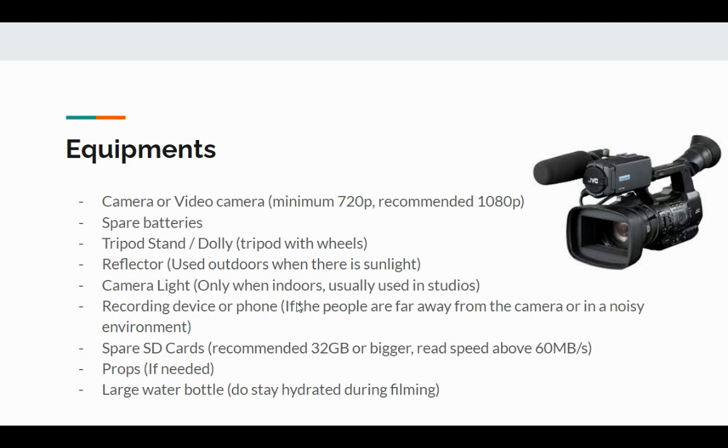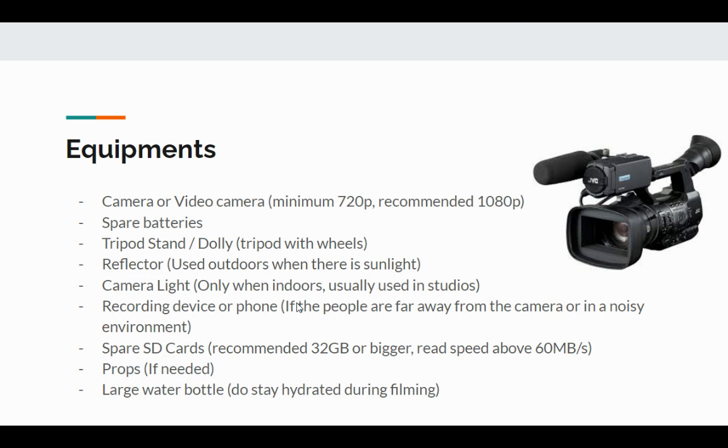But never use a reflector indoors without the presence of strong artificial light. If not, it's going to create a shadow effect. And also make sure that the reflector and the shadow of the person holding the reflector is not in the film. If not, it will be rather hilarious. Camera light, yes, it's the same thing. Only use indoors and usually in studios, and you can supplement it with a reflector if needed.